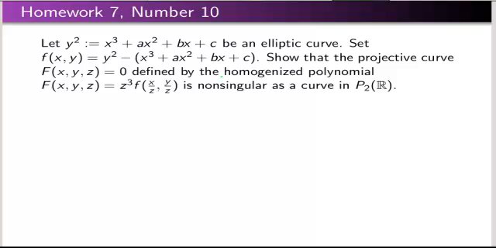Show that the projective curve defined by this homogenized polynomial f of x, y, z is this. So it might be useful to actually write out what f of x, y, z looks like. So z cubed times f of x over z, y over z.